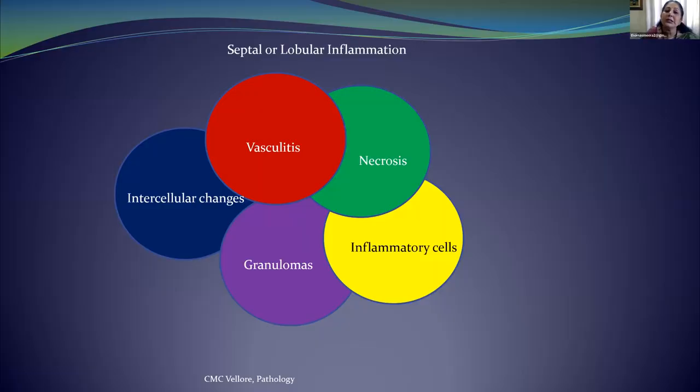Next is looking for the other changes that you can see. So you've got a septal or lobular panniculitis with or without vasculitis. If vasculitis is present, you need to decide if it's small or medium vessel. And if it's a medium vessel, you need to do special stains to identify if it is a vein or an artery. The next thing you'll do is look for different types of necrosis. Check out what type of necrosis it is.